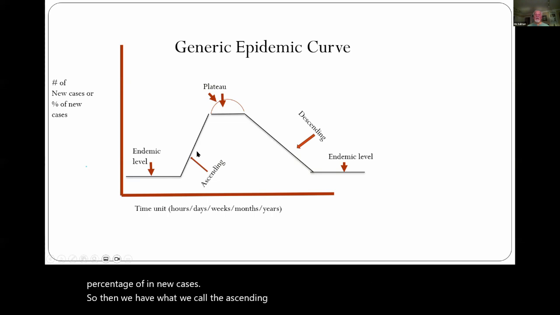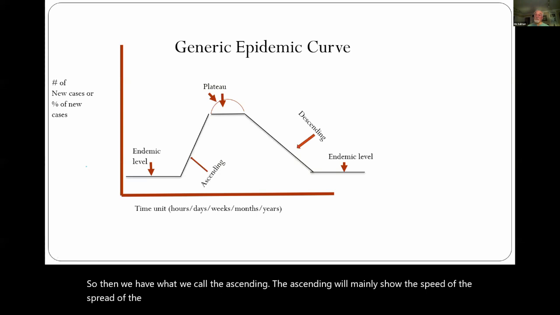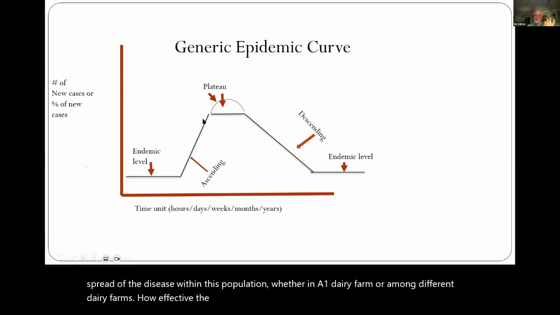The ascending will mainly show the speed of the spread of the disease within this population, whether in one dairy farm or among different dairy farms. How effective the agent is in spreading the disease among the population. So that will give you some ideas.